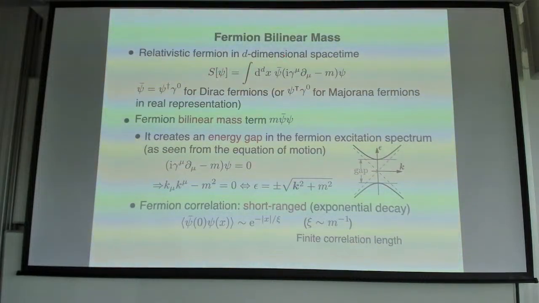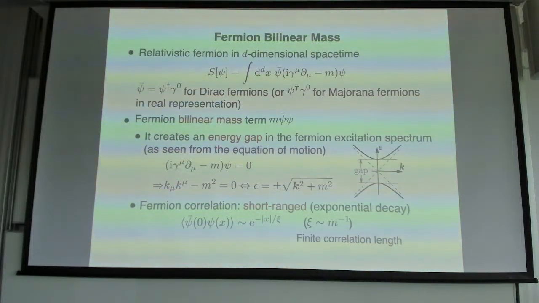I won't distinguish them very seriously, but in any case, you would have a fermion bilinear term, and this mass term is the only parameter you can tune in this theory, which gives rise to a fermion bilinear mass. So if you turn on this m, it has several consequences.